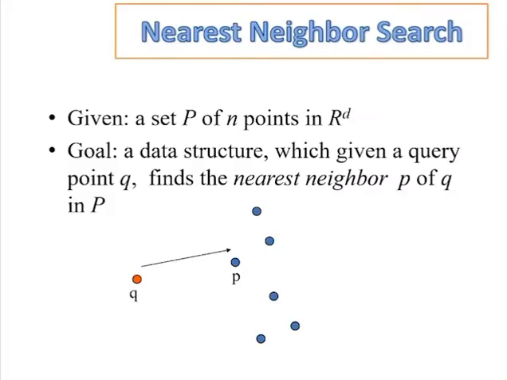Let's now focus on the nearest neighbor search. We have some set of observations, and we basically want to classify them using what I call the nearest neighbor search. Now let's get started.